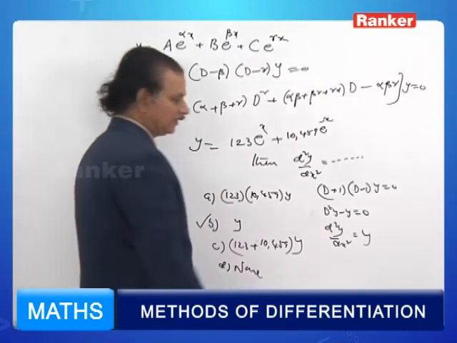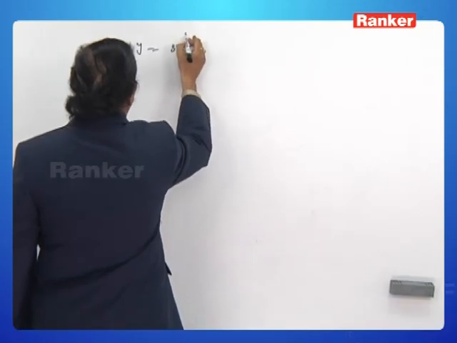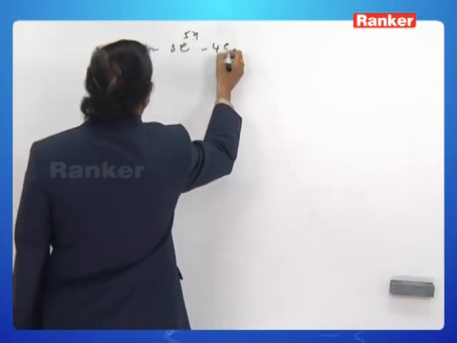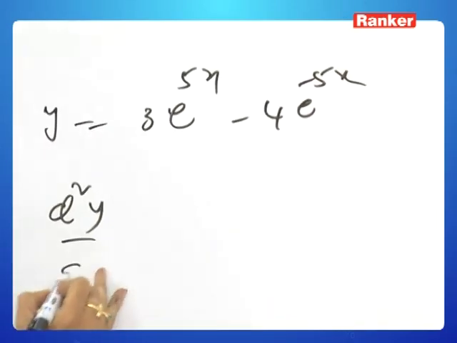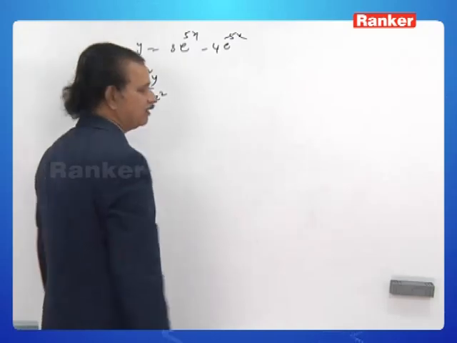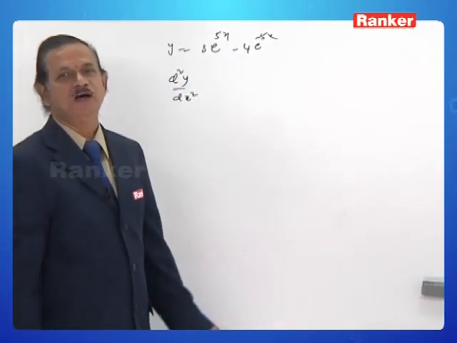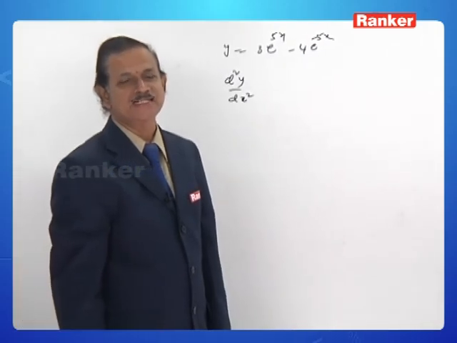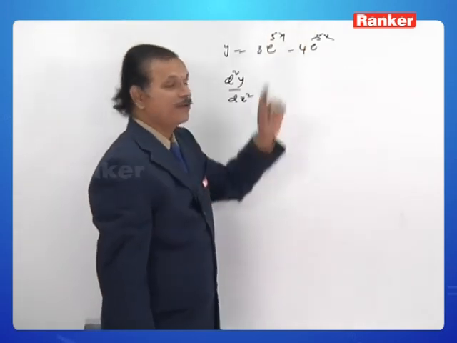So the answer is y. Now, y is equal to 3 into e power 5x minus 4 into e power minus 5x. What is d square y by dx square? You observe here, alpha is 5, beta is minus 5, alpha plus beta is 0. In such a case, d square y by dx square is alpha square into y.